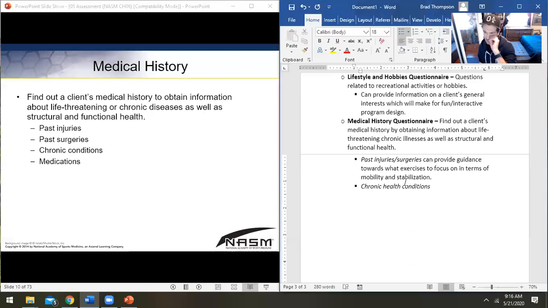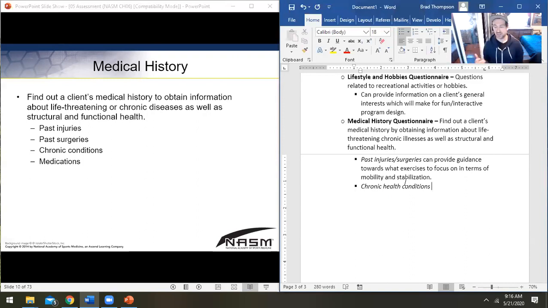The chronic health conditions can give us guidance. We know that we can have a really positive effect on things like osteoporosis by lifting at a high intensity. We know that we can exacerbate the problems related to arthritis if we do a super high number of repetitions and way too much time under tension.